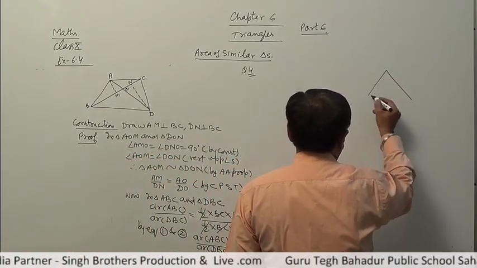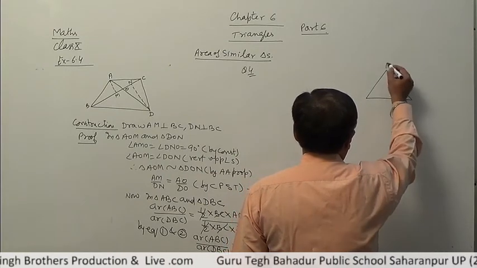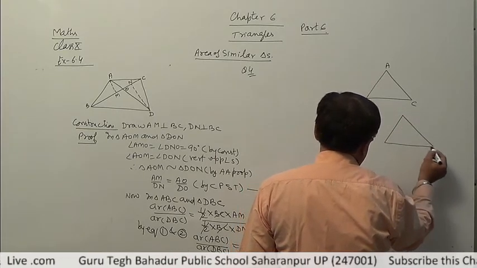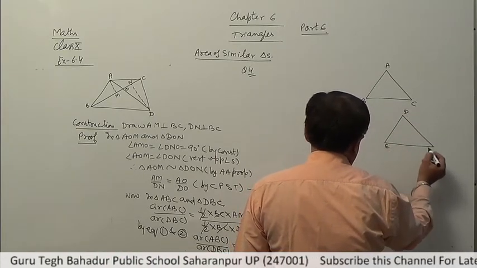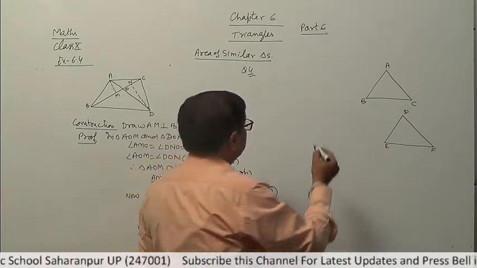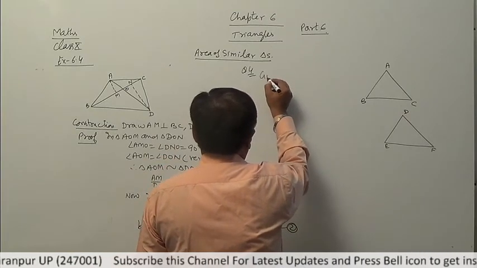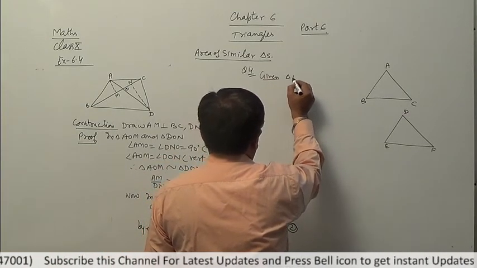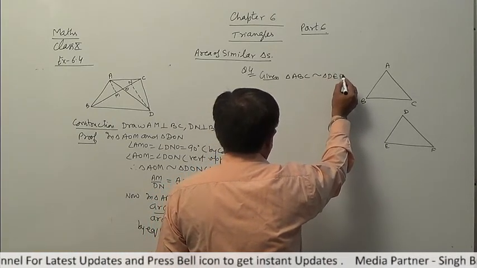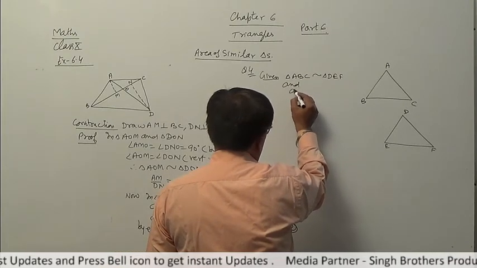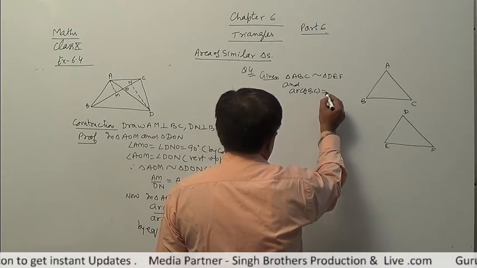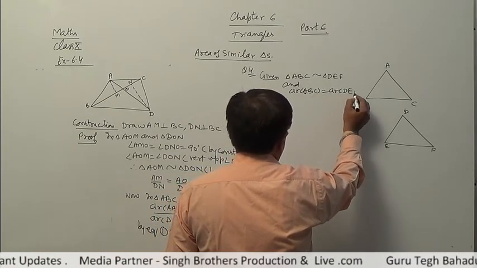Given that ABC and DEF are the two triangles which are similar. Given: triangle ABC is similar to triangle DEF and area of triangle ABC is equal to area of triangle DEF.